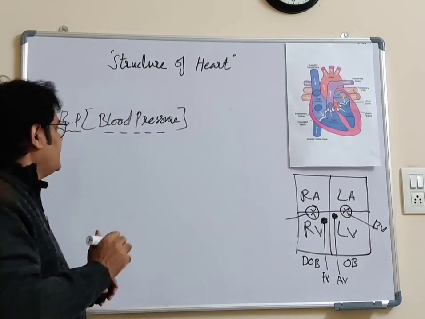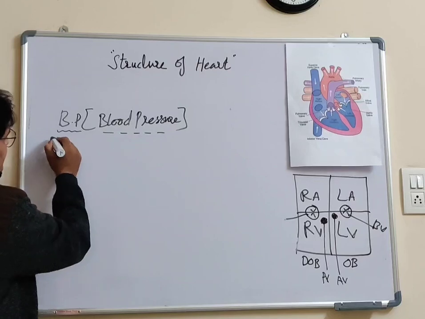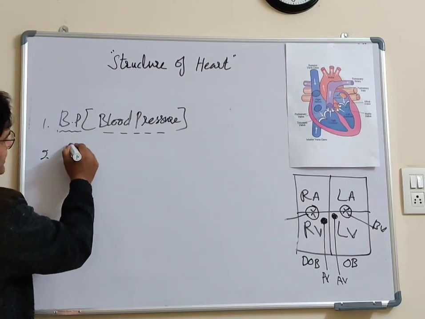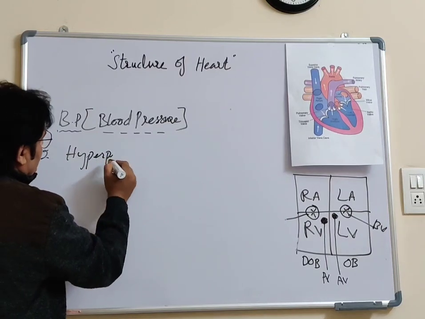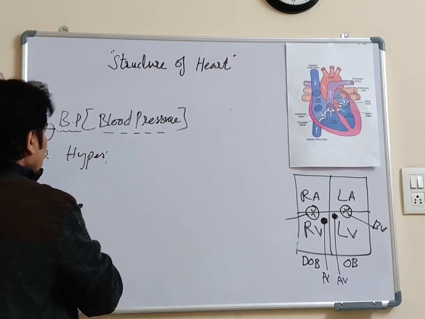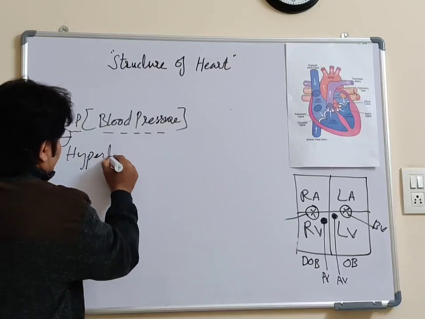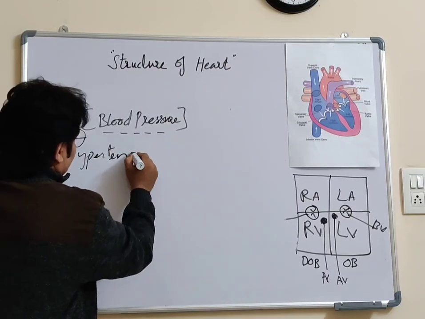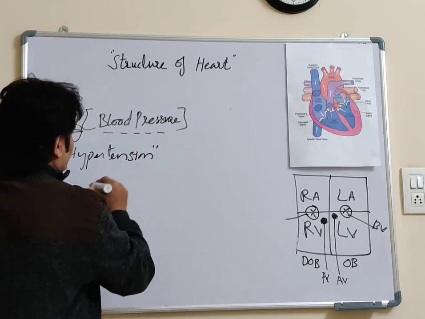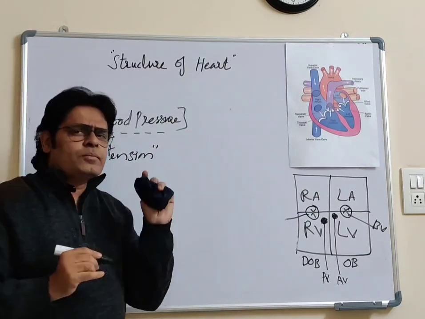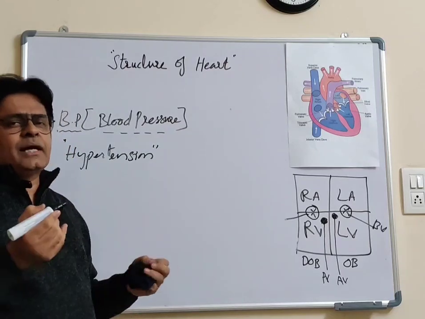Another small term is hypertension. What does hypertension mean? If the blood moves with more than normal blood pressure, that is called hypertension.